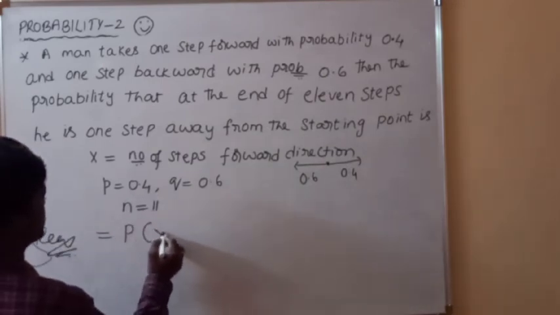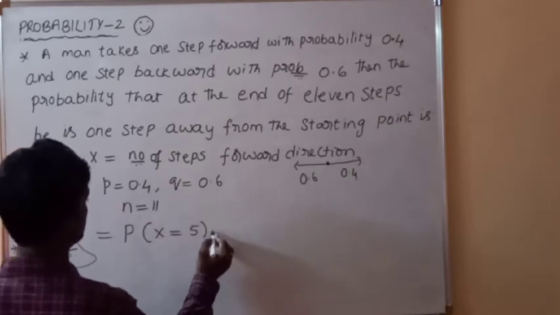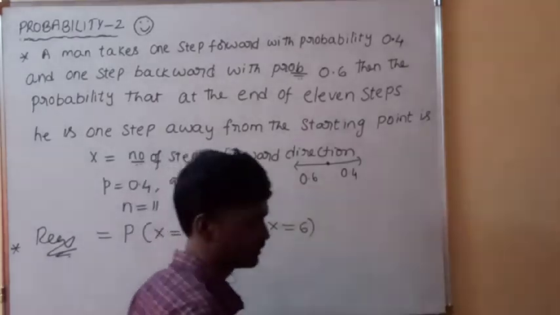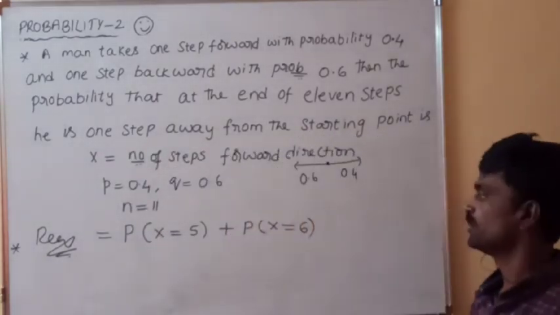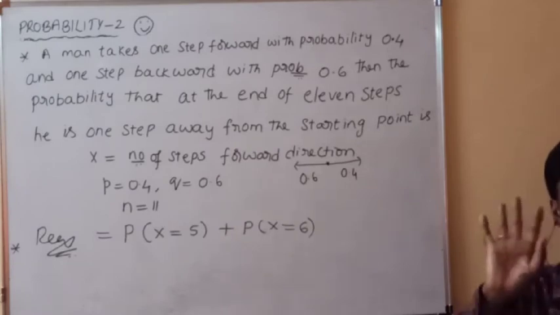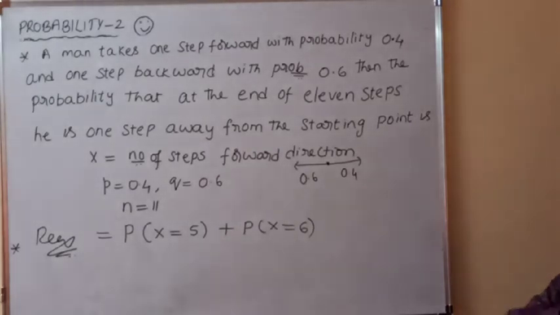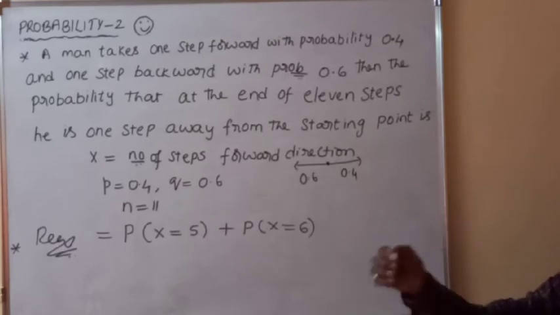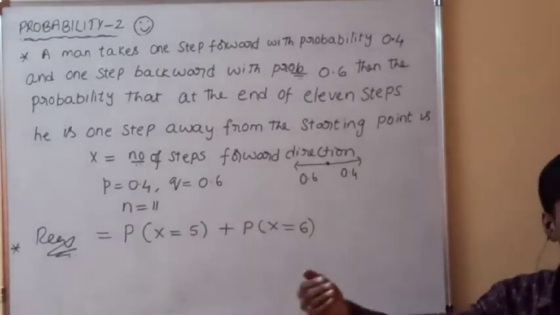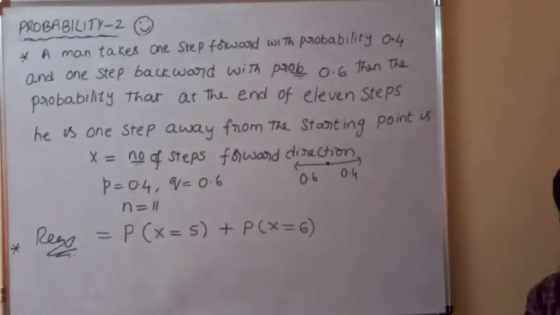Now the required probability is the probability of x equal to 5 plus the probability of x equal to 6. How do we come to this? Because totally he is moving 11 steps. Suppose he moves 5 steps forward and 6 steps backward. Then after completion of 11 steps, he is one step backward from the initial point.